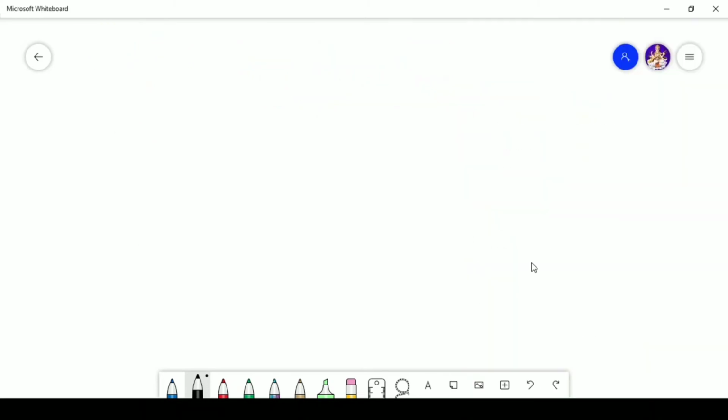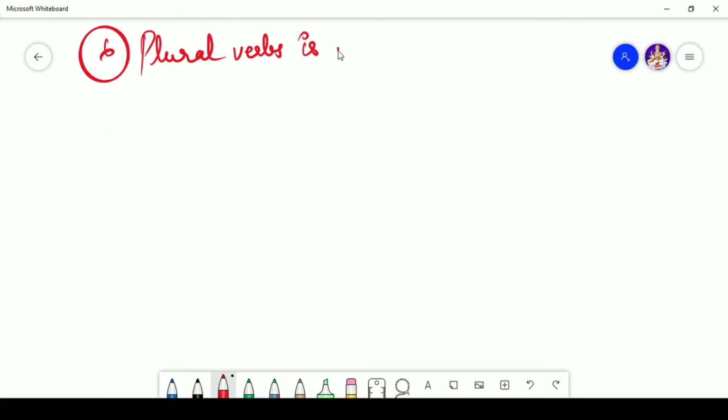Now let's understand the sixth rule. Plural verbs are used with a number of.